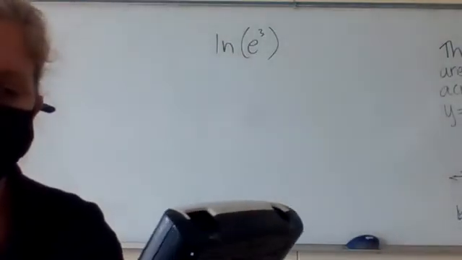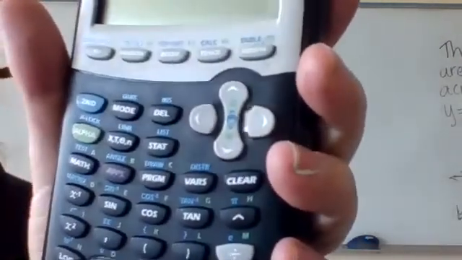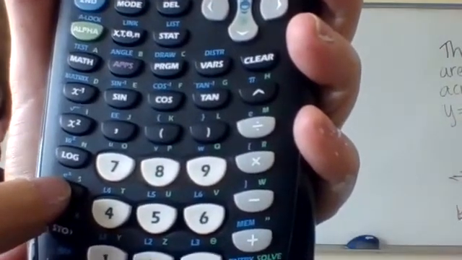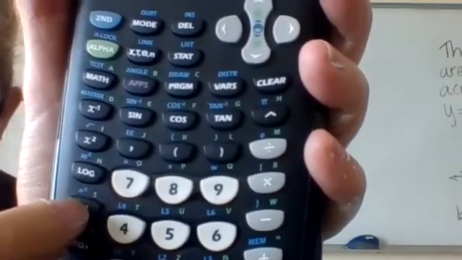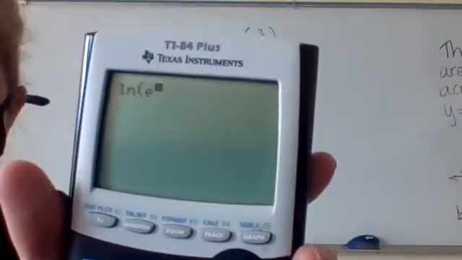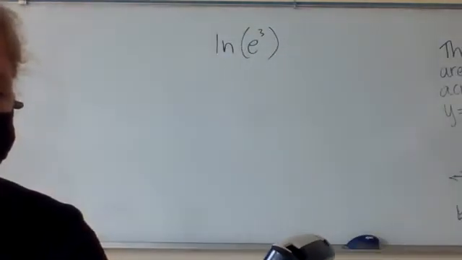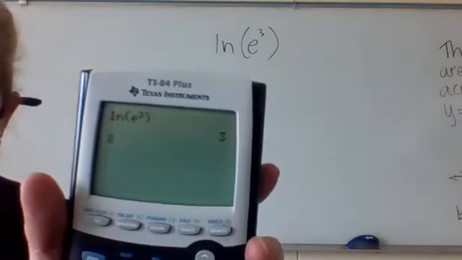So this function, if you look above the ln, see that e to the x? That's what I want. So I'll hit my second ln, which will give me e with an exponent, which I'll type in 3. And I'll go to the right and do my closed parentheses. And look what it gives me.